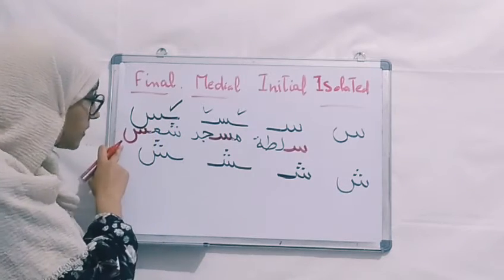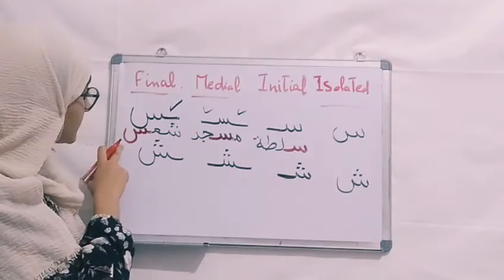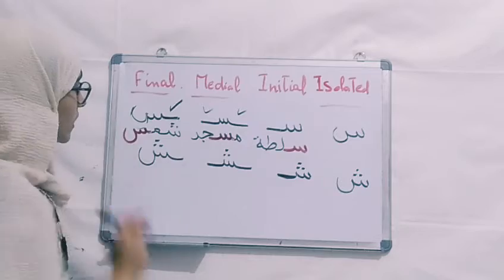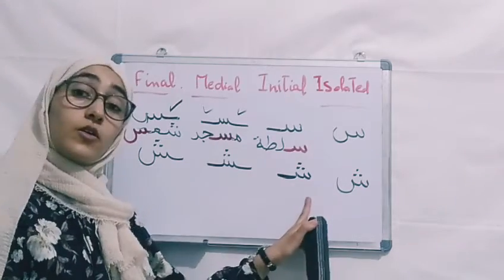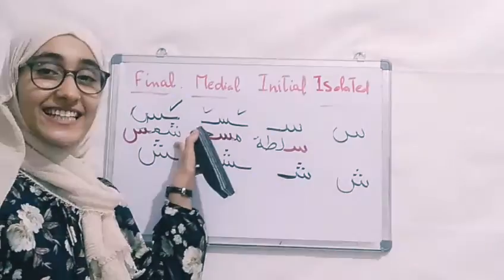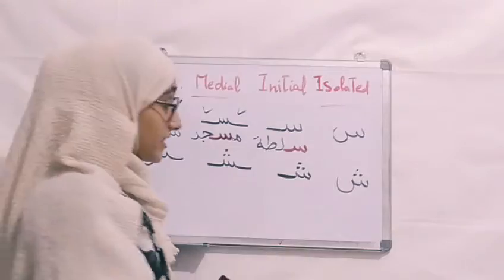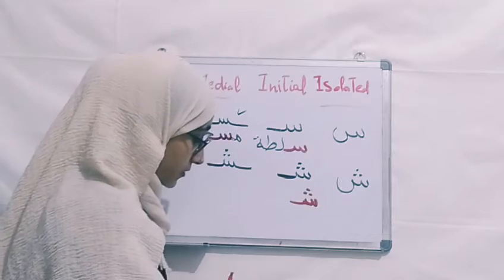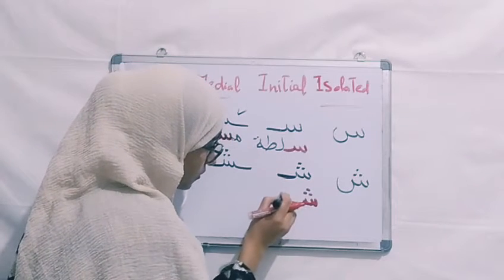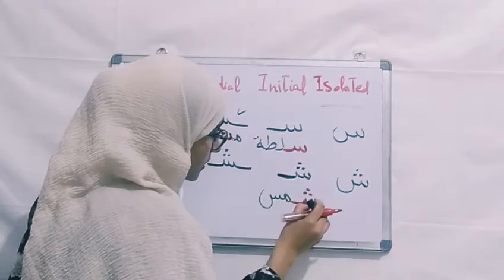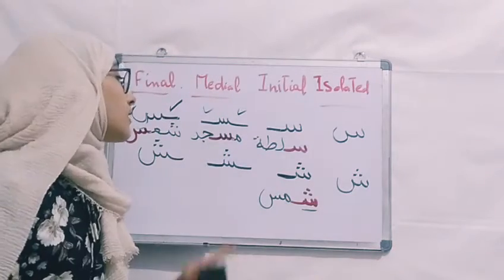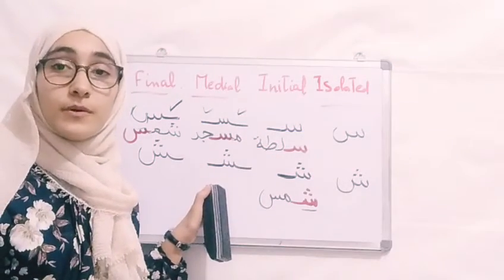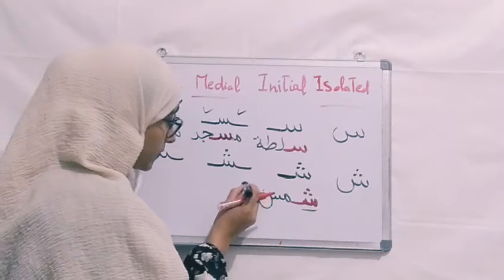Shams, okay? Also we have shams with sheen. Initial form is at the beginning of the word, and in the middle form we have ushb, grass.